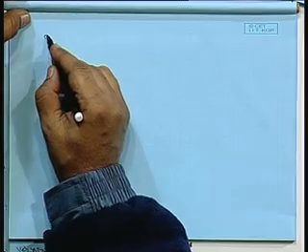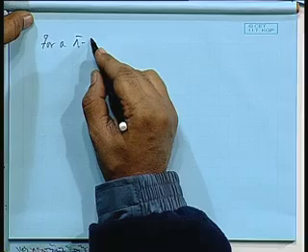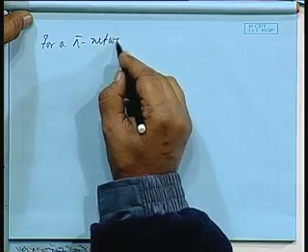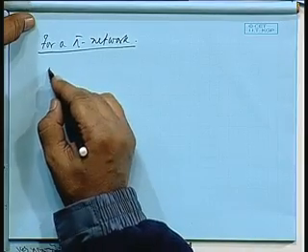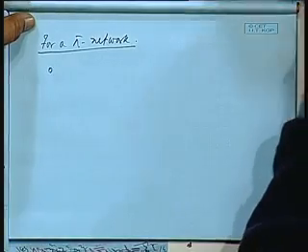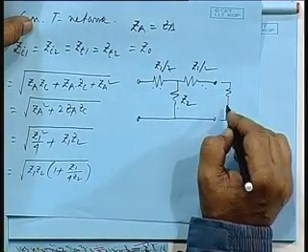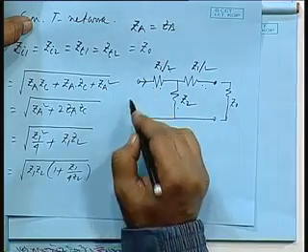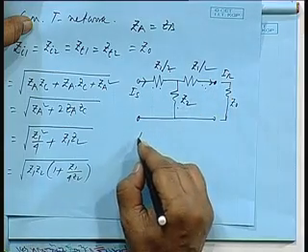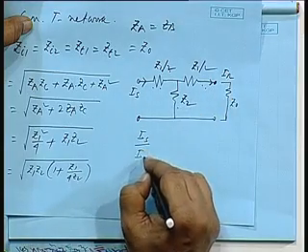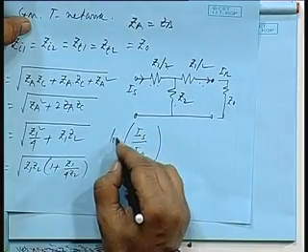For a pi network, one may derive this similarly. Well, we have also seen if this side is loaded by the characteristic impedance Z naught, then if this is a sending end current, this is a receiving end current. We also established a relation between I s by I r in a logarithmic scale.